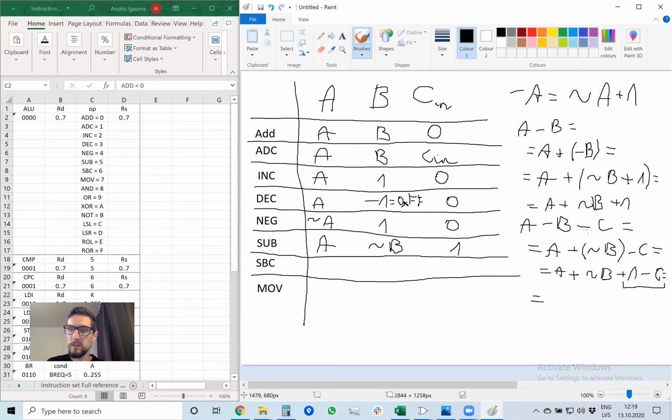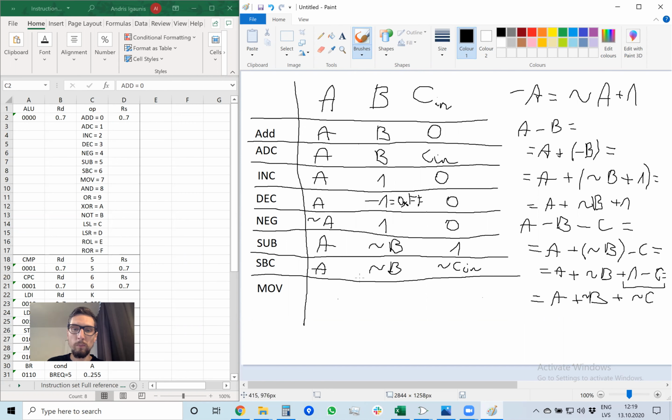So A minus B minus carry is A plus B with inversion plus inverted carry bit, because 1 minus C is inversion of C. That's how it is. So for A input, we select A. For B input, we select B with inversion. For carry in, we select C in with inversion, so inverted carry in.